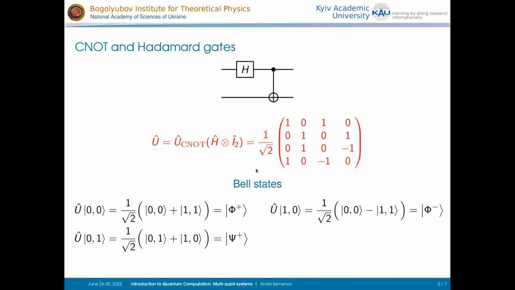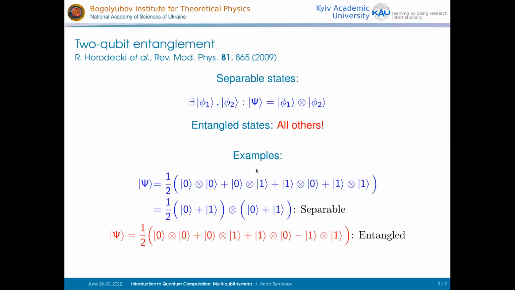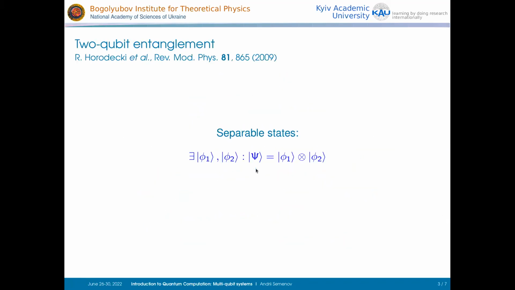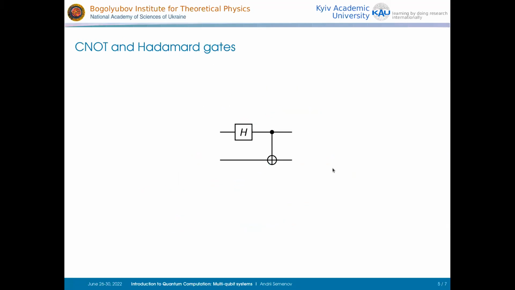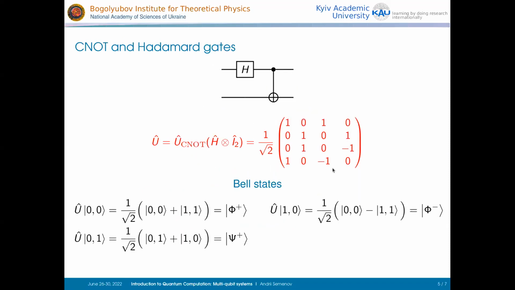And the vector representation of the state should be considered in an ordered basis, here for 2 qubits. This means, for example, in this case, this is a column vector with coordinates 1, 0, 0, and 0. Do you see my mouse now? Yes.